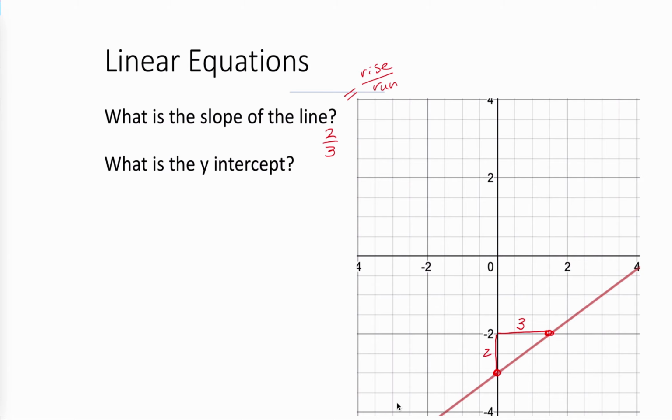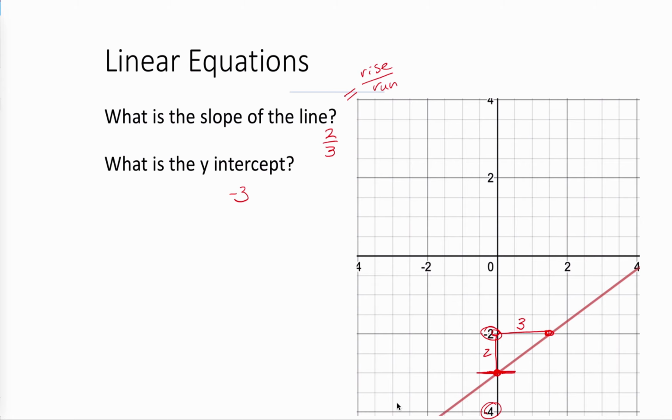The y-intercept is where it crosses the y-axis, which in this case, halfway between -2 and -4 is -3.